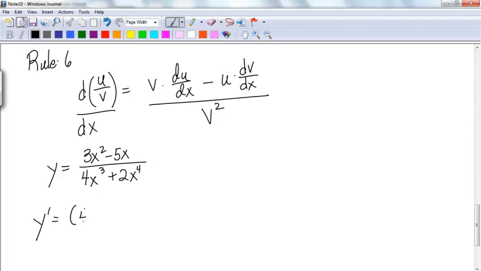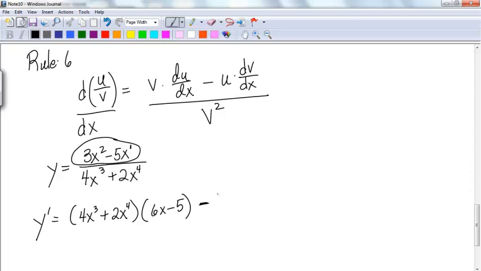So it's got to be 4x to the third plus 2x to the fourth, times the derivative of the numerator. What's the derivative of this? Shortcut. 6x minus 5, right?